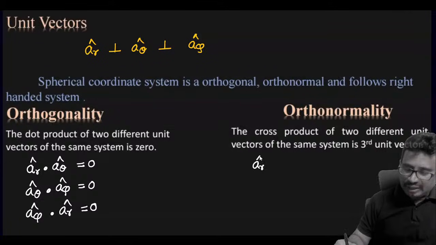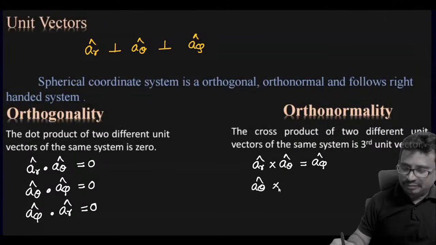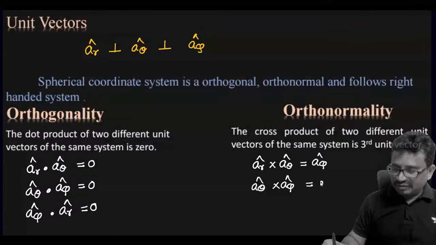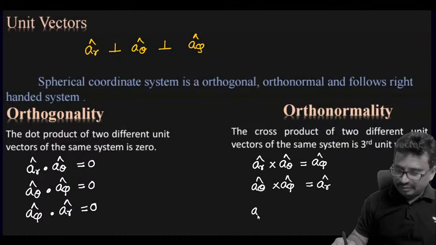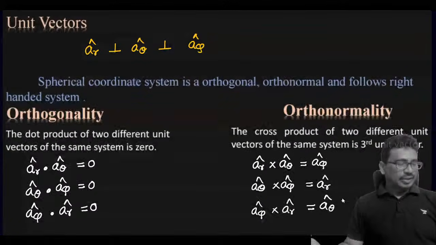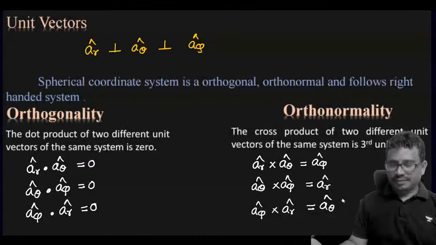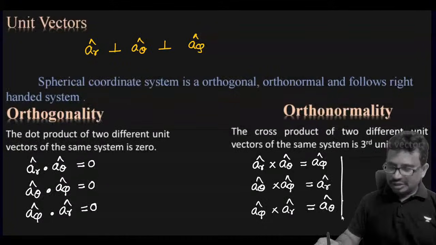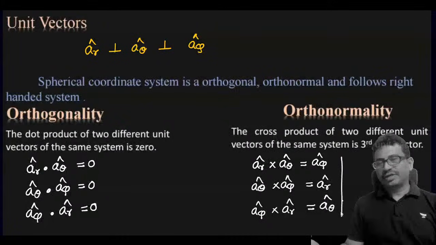Next, a r cross a theta equals a phi, a theta cross a phi equals a r, and a phi cross a r equals a theta. If we move in this order, we get positive; in the opposite order, we get negatives.